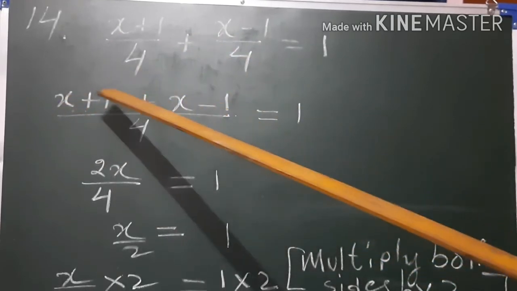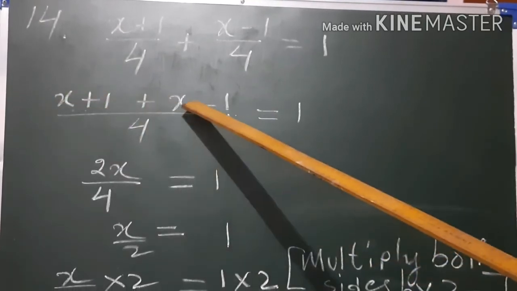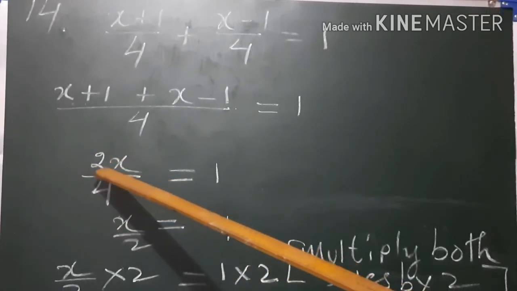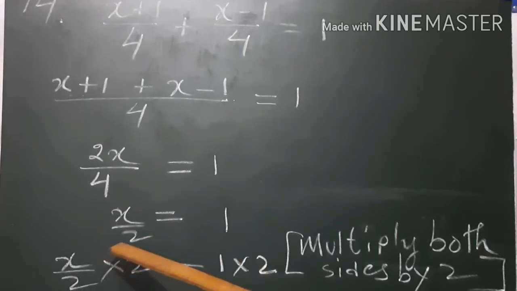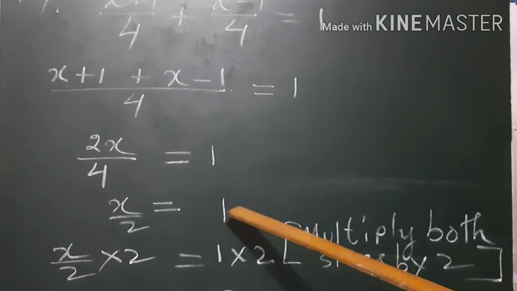So this minus 1 and plus 1 disappear, but x and x become 2x upon 4. So here again we can cancel, that will become x upon 2, other side we have 1.